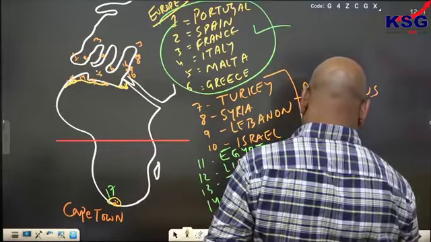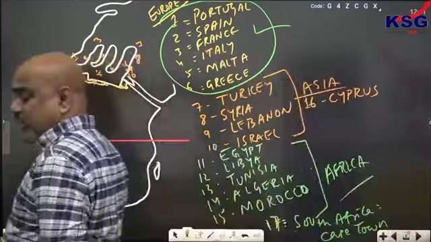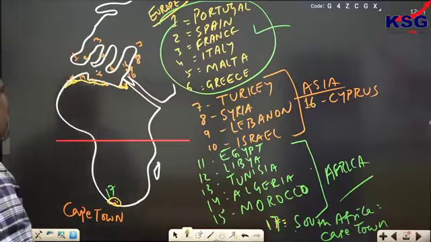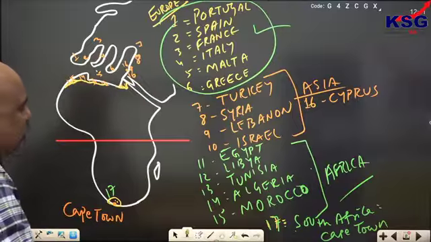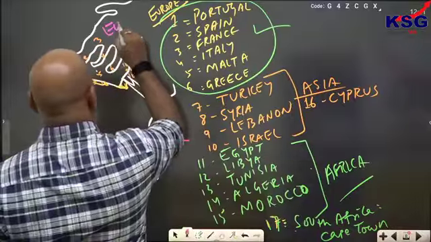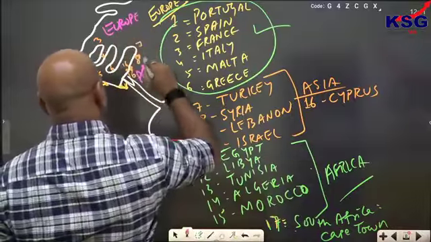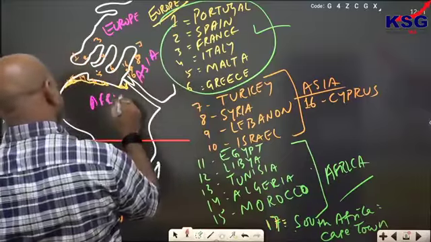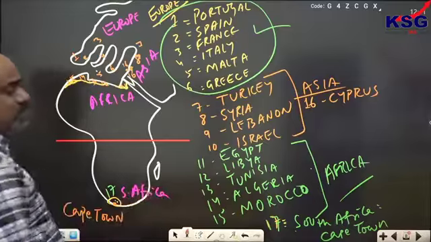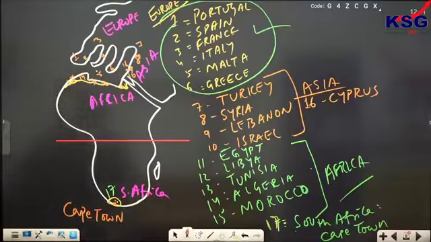The Cape Town area of South Africa also has the Mediterranean type of climate. So in Africa these are the regions, in Europe these are the regions, Asia, Europe and Africa, you got it. Here it is Europe, here it is Asia, here it is Africa. It is in South Africa, this region. These are the regions where you will find the Mediterranean type of climate.